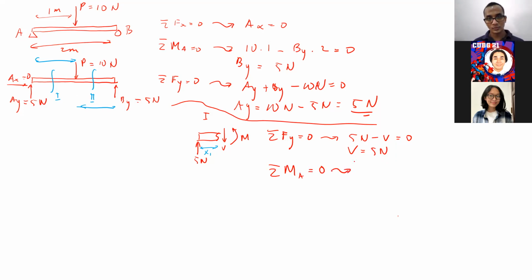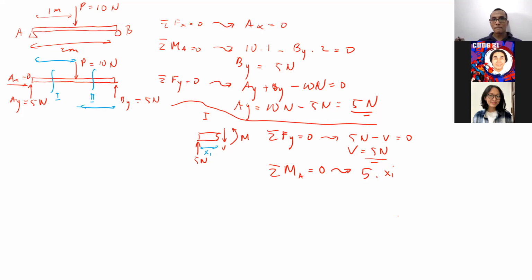In this case, what will we have here? We would have the shear force times x1, and we know the value of the shear force. It's supposed to be 5 Newton multiplied by x1.